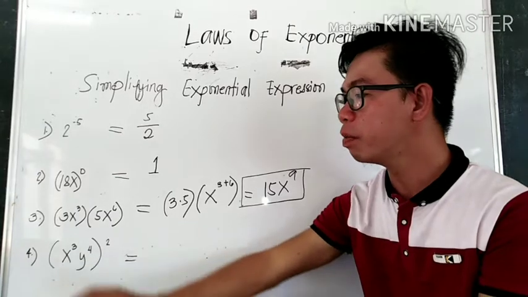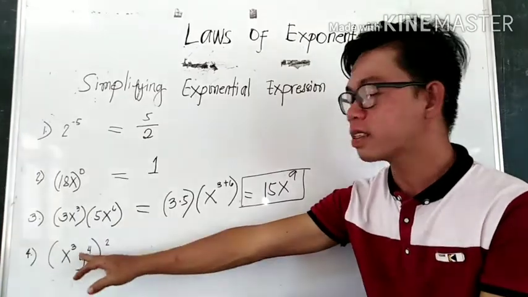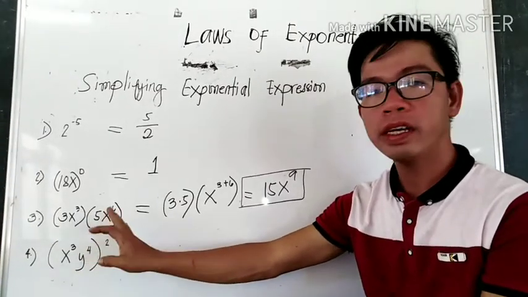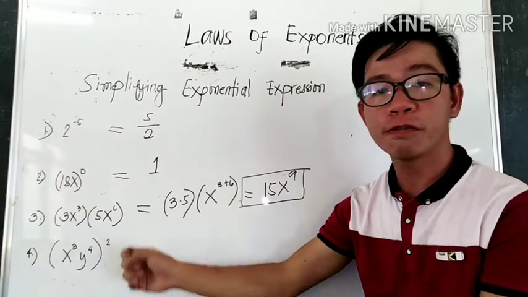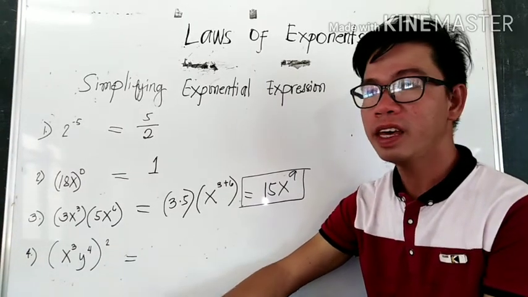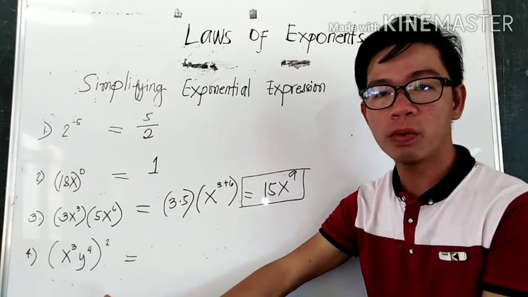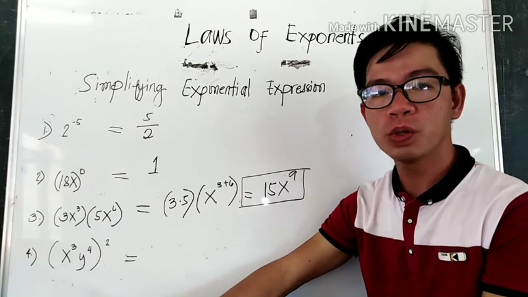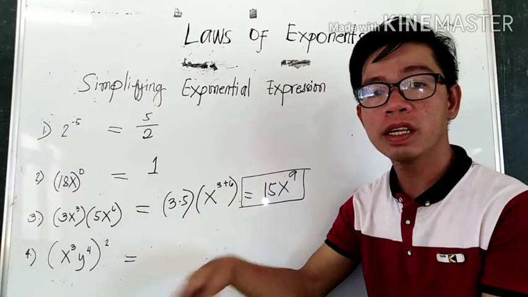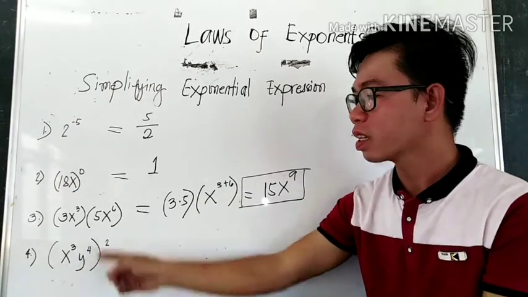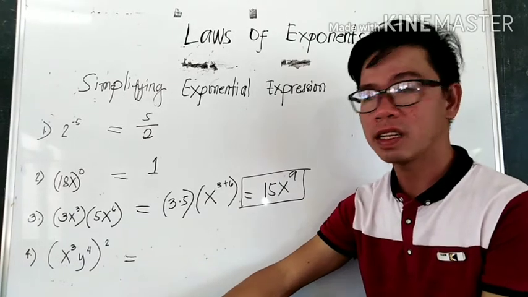For example number 4, we have the quantity x cubed, then y to the 4th power, raised to the power of 2. This is raising a power to a power. All we have to do, using the law of exponents, is multiply the exponents.